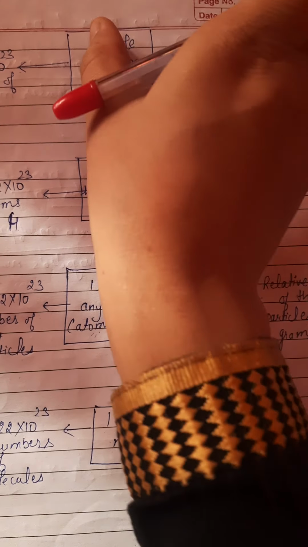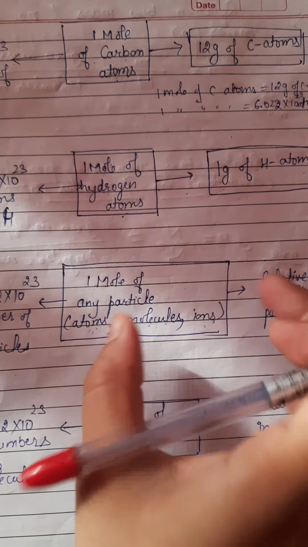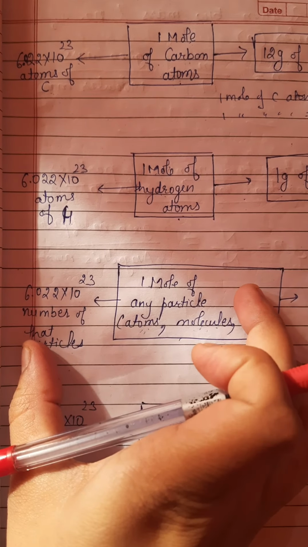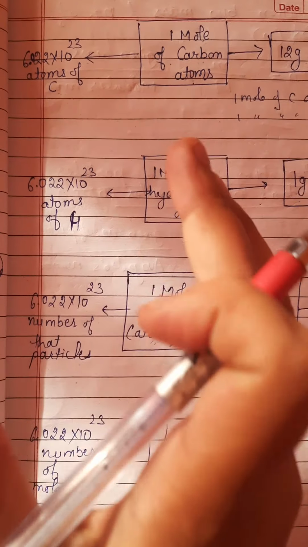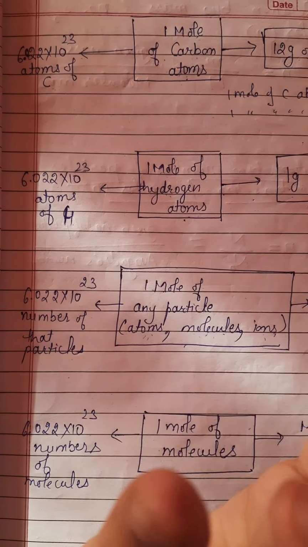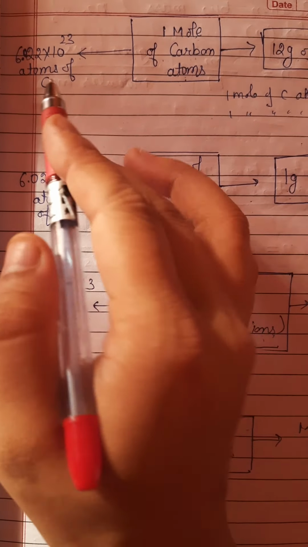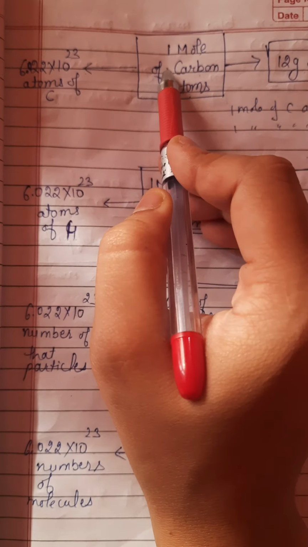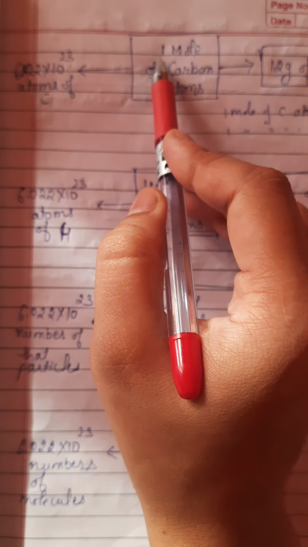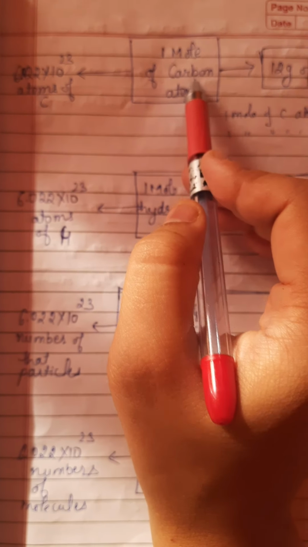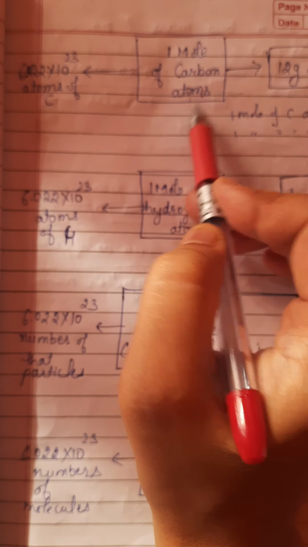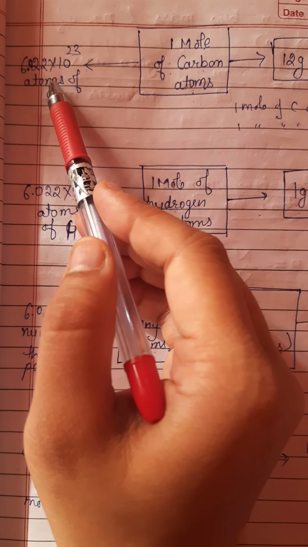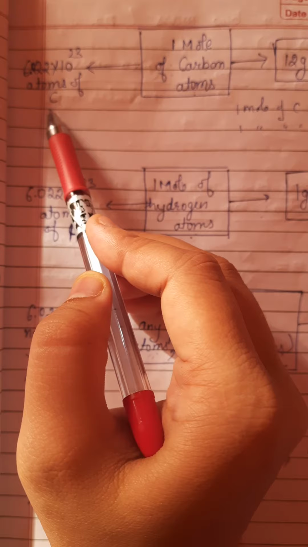Now this is in terms of mass. If I ask in 1 mole how many atoms of a particular atom are there, the value will be the same. We will write only the atoms of which I am asking. For example, in the first case, 1 mole of carbon atoms is equal to how many atoms of carbon?